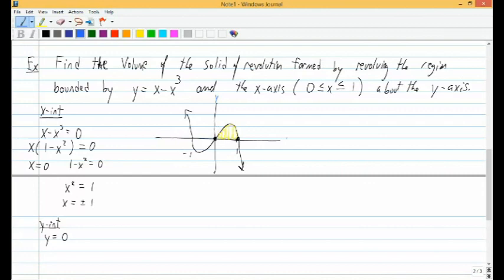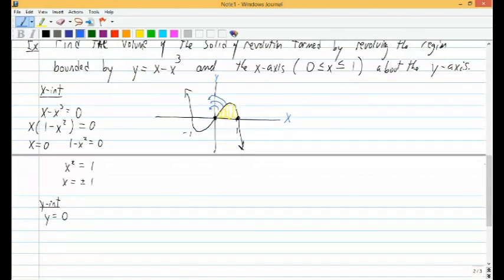If you revolve about the x-axis, you would be making discs. That would be the disc method. So this is using the shell method. So we're revolving each of these shells about the y-axis.